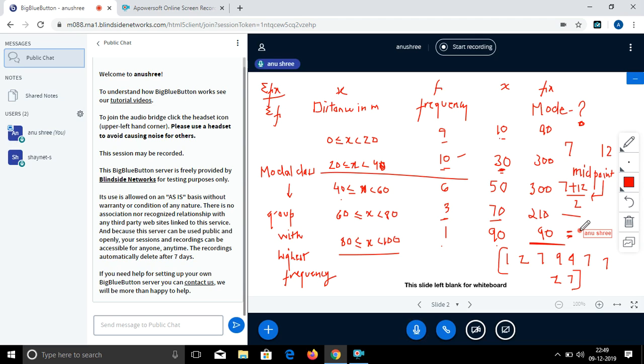You have to add all these values, like here fx, this value, this value, this. These all 5 values, add them together and give me the value.